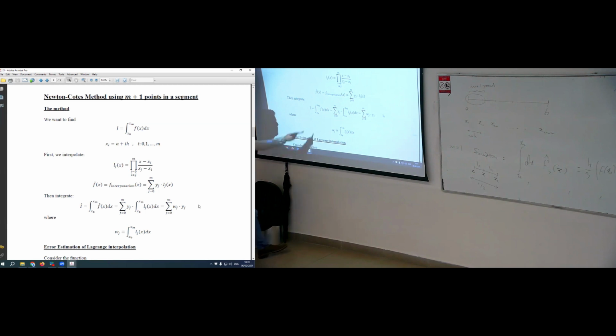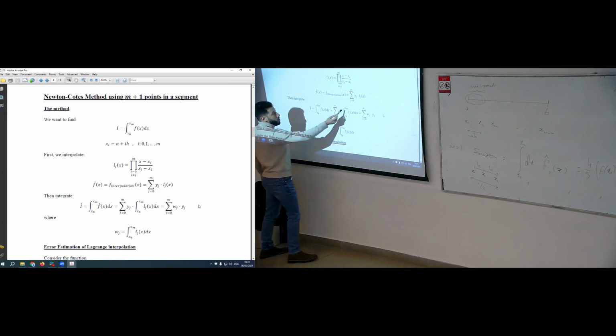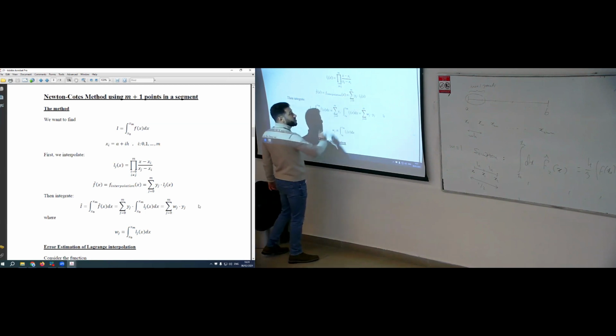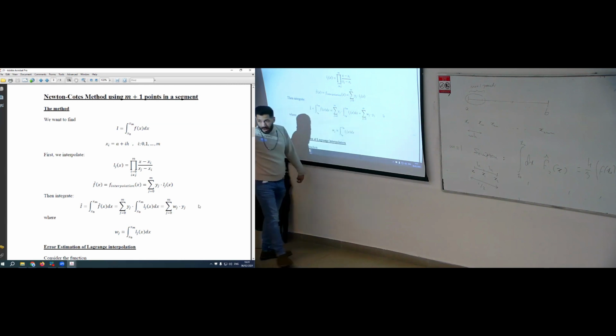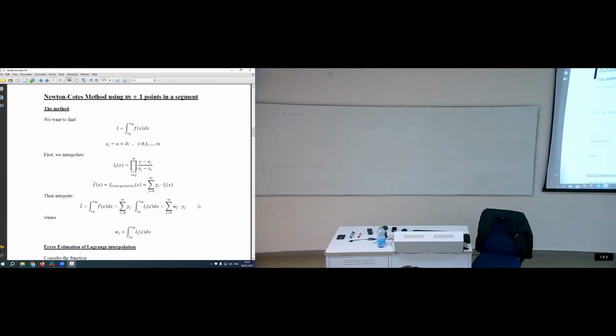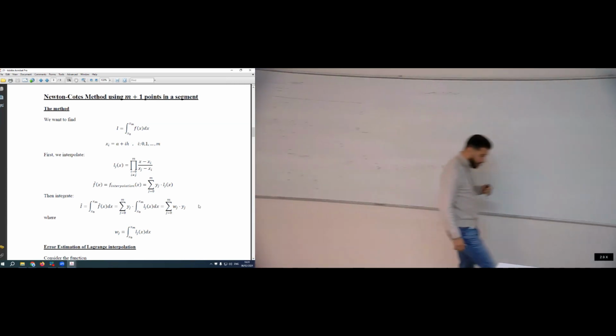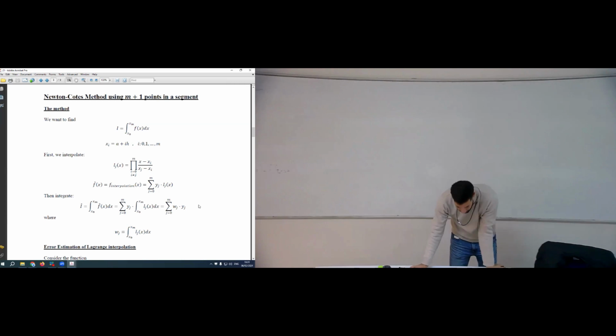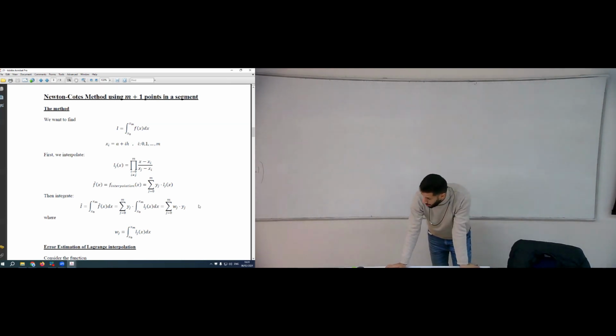When we do the integration, we have these y_j, and the integration over L_j is some weight for this y_j. So that's our method for approximating the integral. And again, these w_j's are the integrals over the polynomials L_j's. And now we're asking about the error.